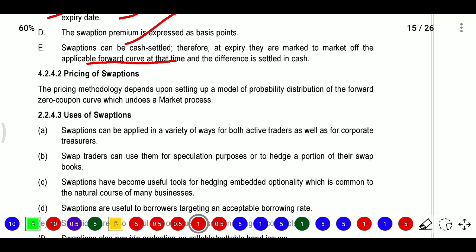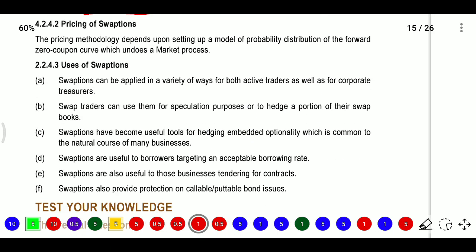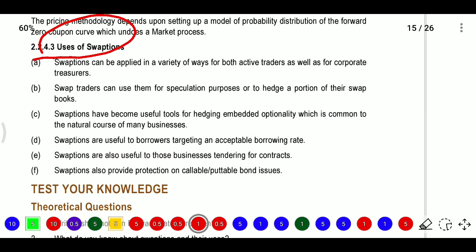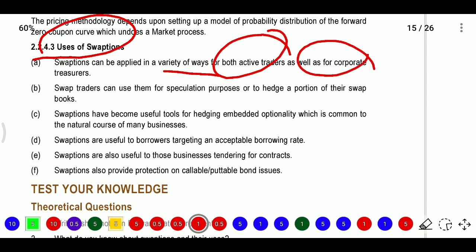In swaption pricing, the methodology depends upon setting up a model of the probability distribution of the forward zero coupon curve which induces the market process. Now, how can we use swaptions? Swaptions can be used in a variety of ways by both active traders as well as corporate treasurers, and swap traders can use them for speculation purposes.